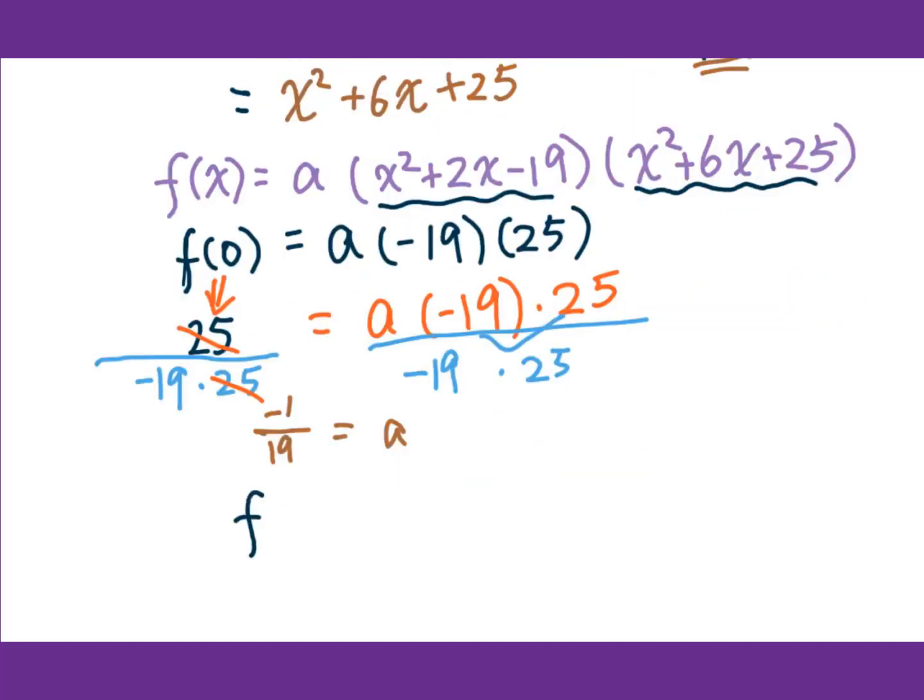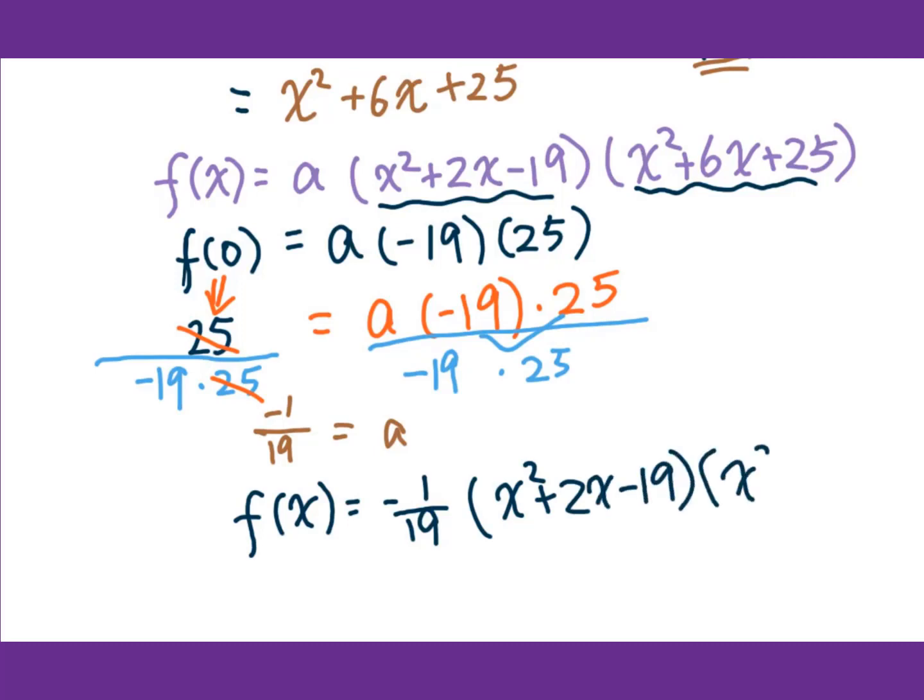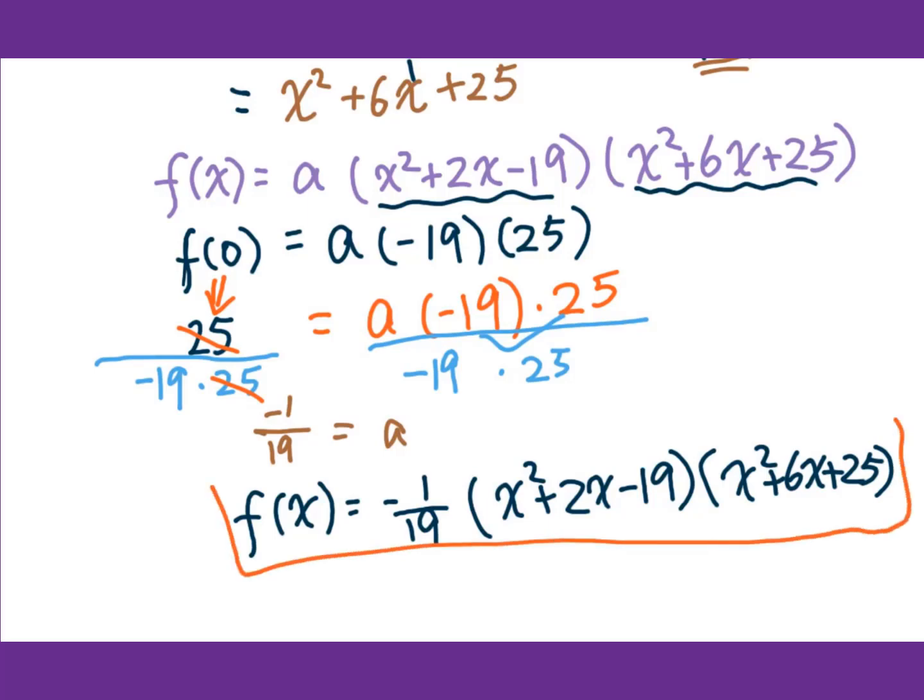Therefore, I can write down f of x equals negative 1 over 19, then x squared plus 2x minus 19, and x squared plus 6x plus 25. This will be the polynomial we are looking for.